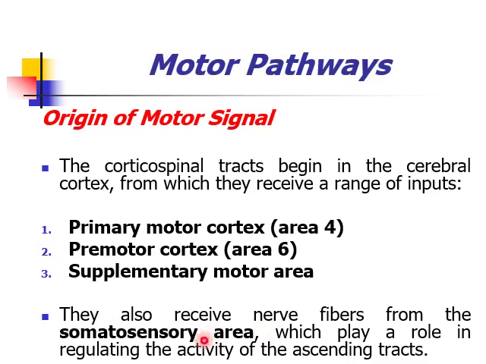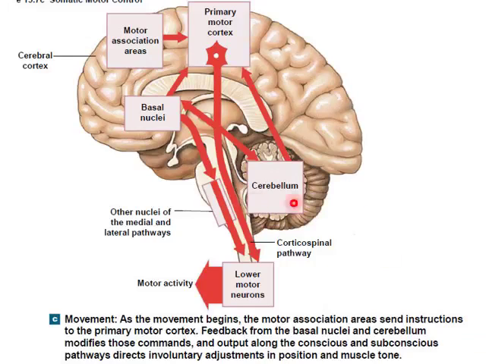This somatosensory area plays a role in regulating the activity of the ascending tracts. This is the whole picture, the whole interaction between the different parts of the brain: the cortex, basal ganglia, cerebellum, back to the cortex, and from the cortex to the spinal cord and to the brainstem.